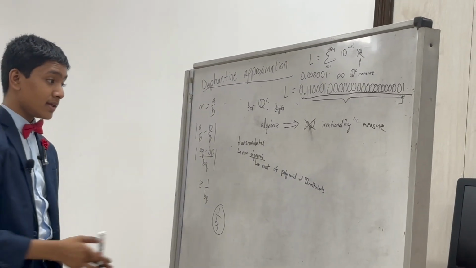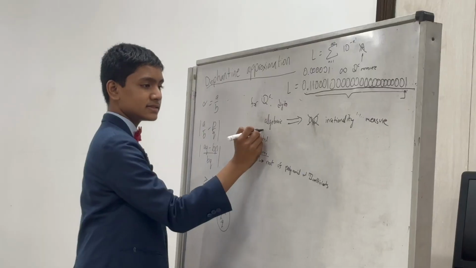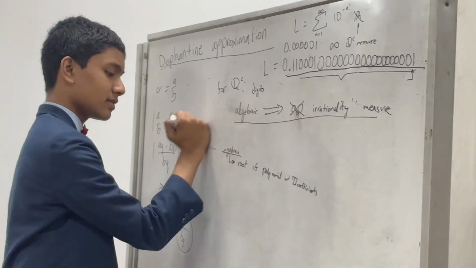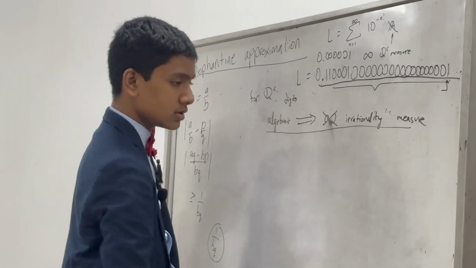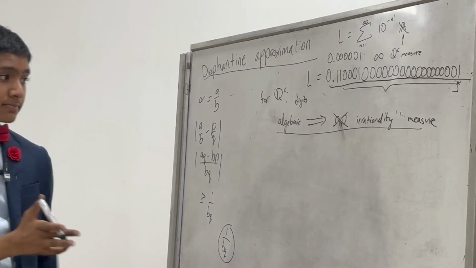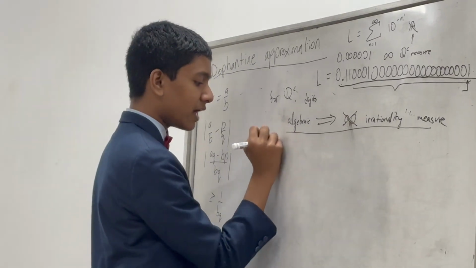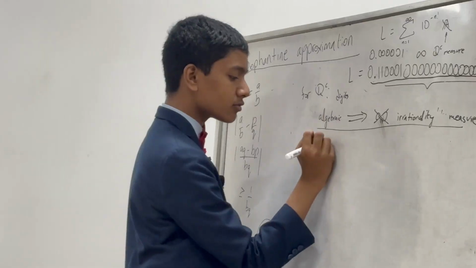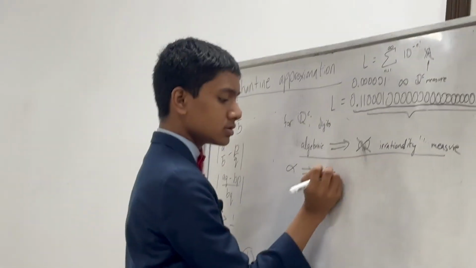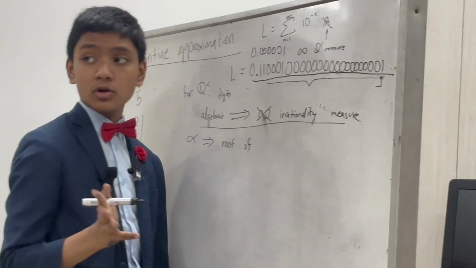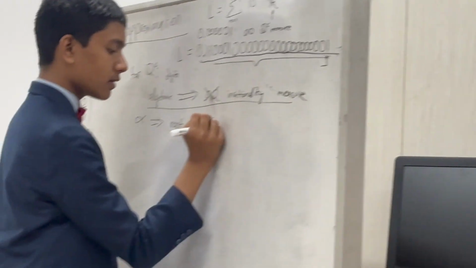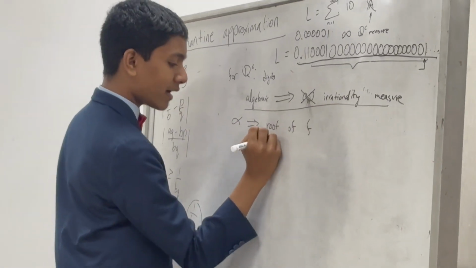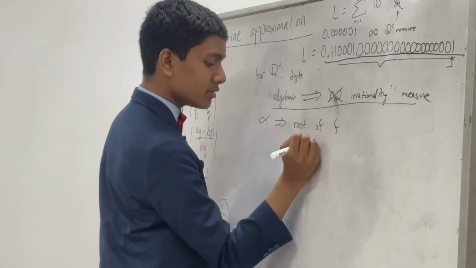Now, this is a pretty ingenious proof technique. This is what we call Roth's theorem. So what we're going to do is take an algebraic number alpha, and it's going to be the root of some minimal polynomial f. So of course that means f of alpha is equal to 0.